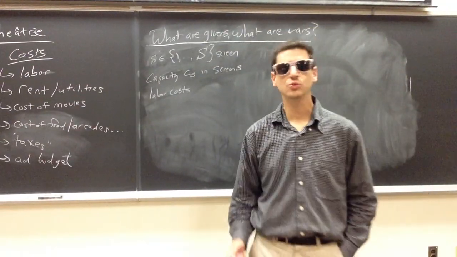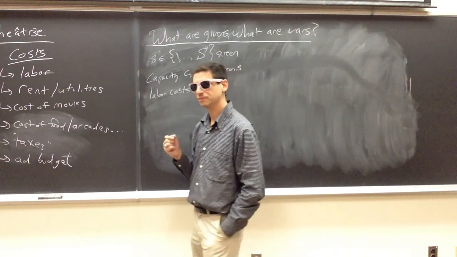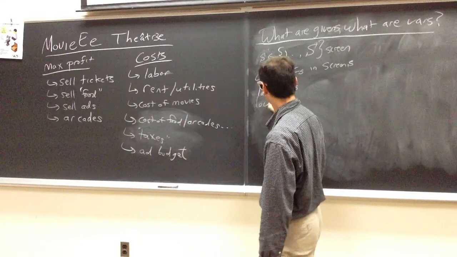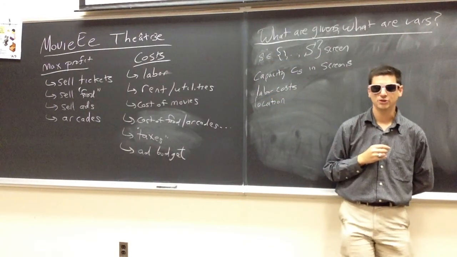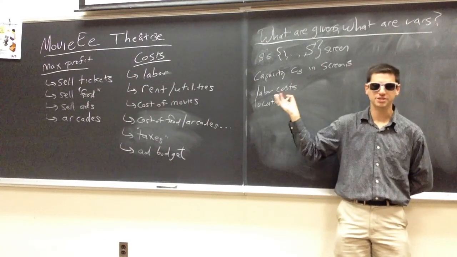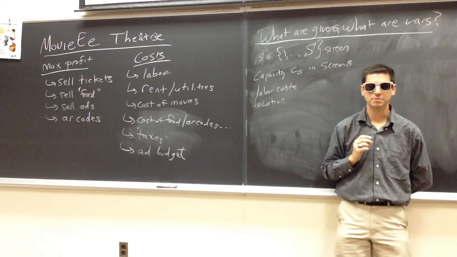Okay, what else could we have as fixed? Your location. So the environment you're working in, people that live in different areas. And so when you're trying to decide where you want to build, this is an important variable. Other things that might be fixed.